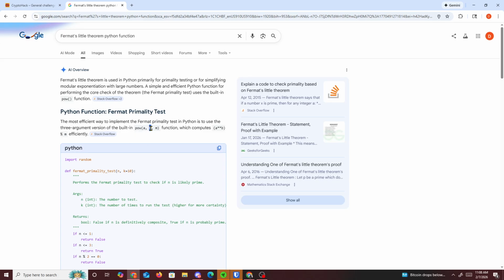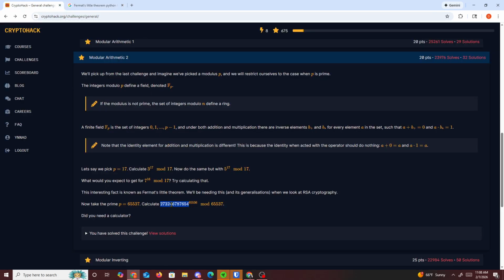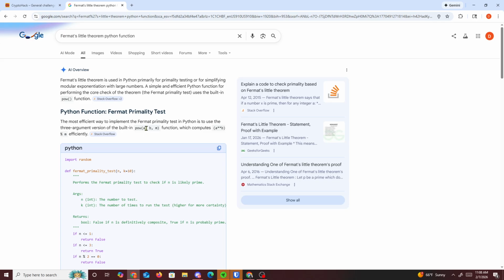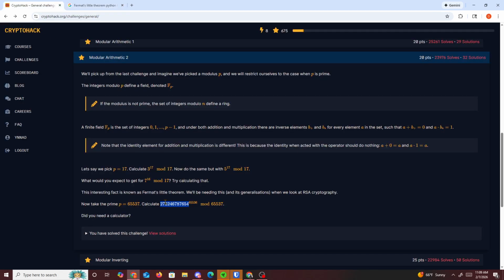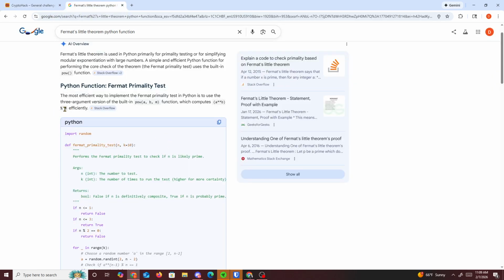So pow(a, b, m) computes a to the power of b modulo m. In our case, we use a and b, which is going to be this value plus that, and then mod 65537, which is the last number right here.